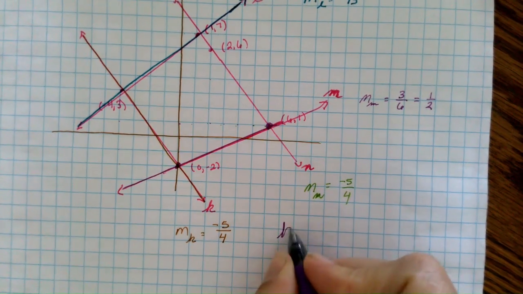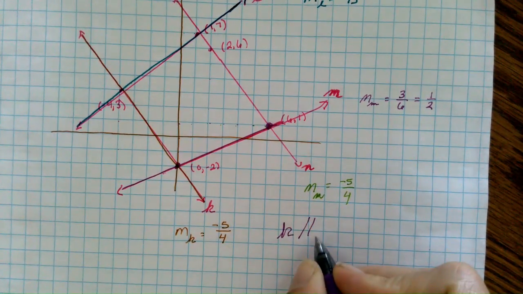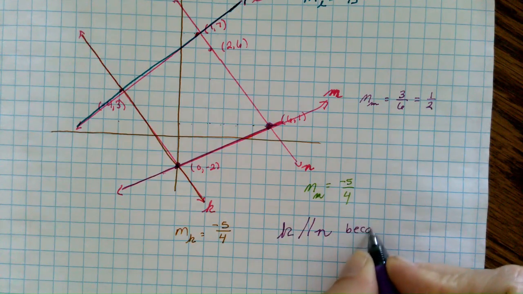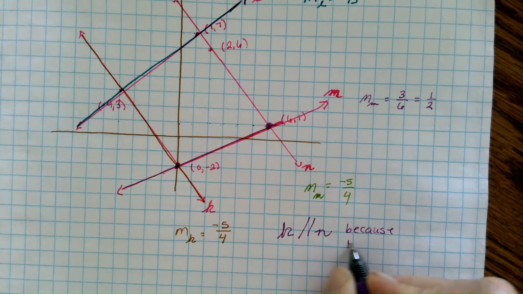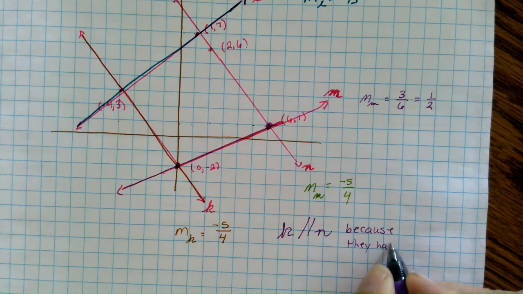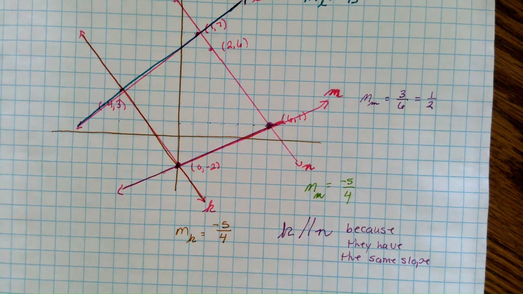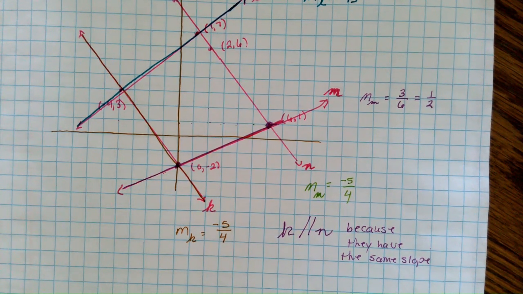K is parallel to N, and the reason is because their slopes are equal. So that's actually a way you can use to check to see if lines are parallel, is you just check their slope.